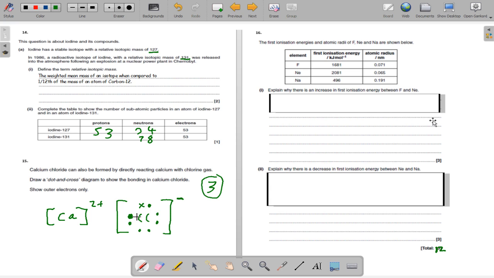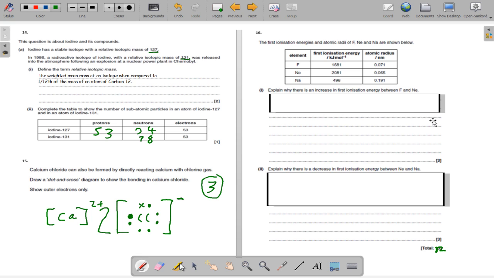Yes, this is meant to be a dot. 7 electrons on the outer shell, 1 coming from the calcium. So if we put a massive 2 there, that just represents the 2 chlorine atoms bonding to it. Well, we're using the 2 electrons from the calcium in order to bond to it.